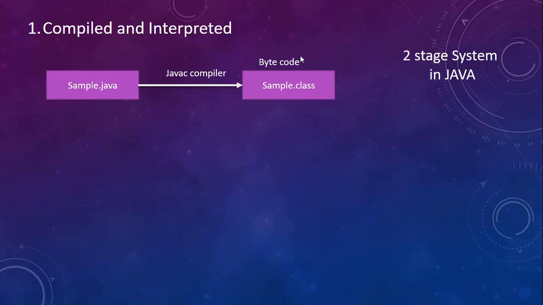So the Java team came up with the concept of something called bytecode. Bytecode, as the name suggests, is a set of instructions. Nearly 200 instructions were designed by the Java team. Any program written in Java can be converted into this instruction set called bytecode. And this bytecode is platform neutral. That means it is common no matter what configuration of computer you are using, what processor, what OS, how many bits.